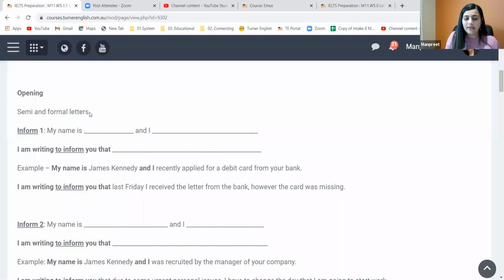A formal letter is basically when you don't know the person you are writing to. So you will be writing just sir or madam. You won't be writing the name there. But in a semi-formal letter, do we write the name, Jason?